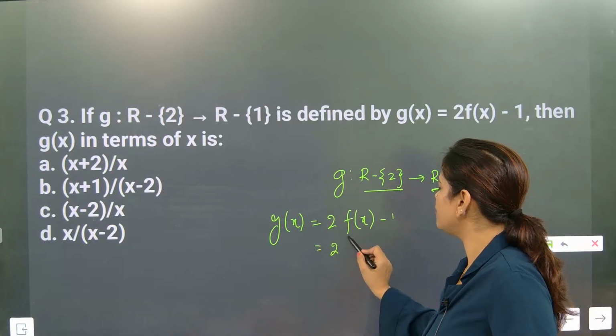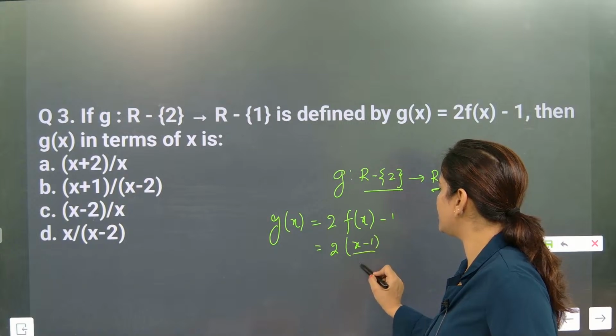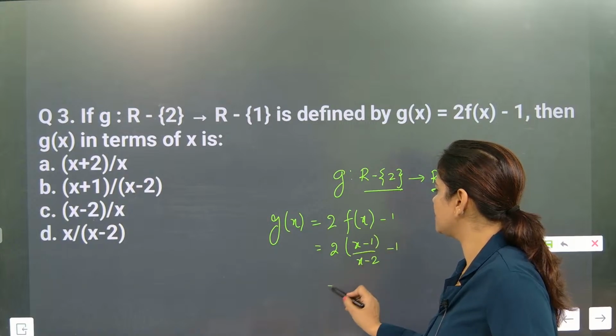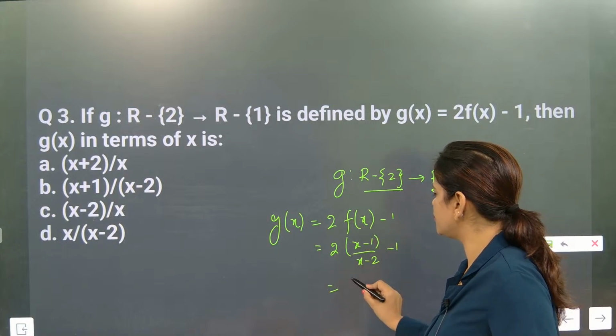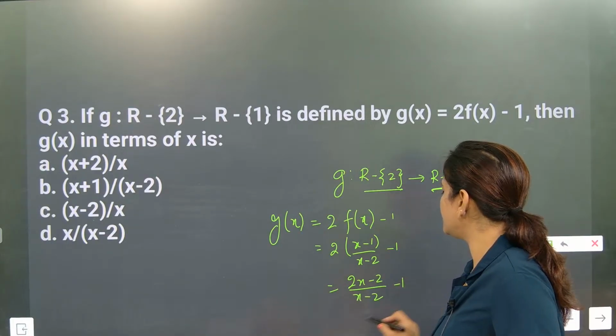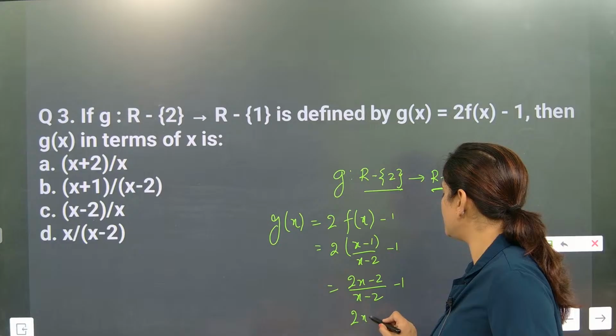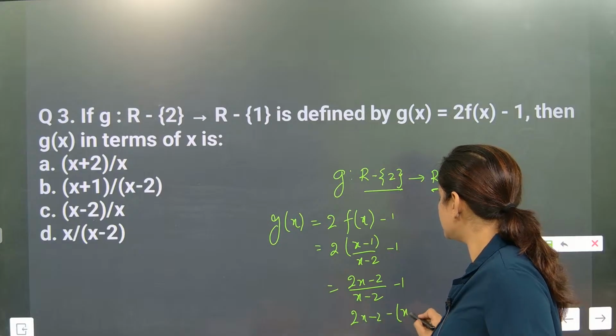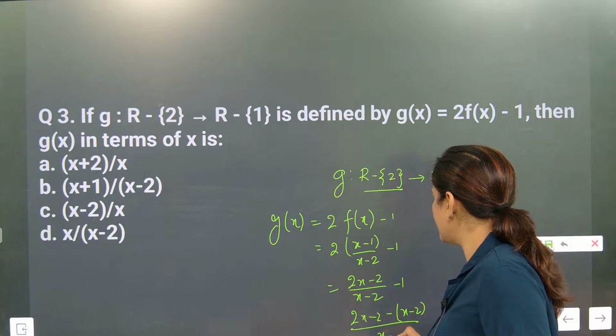And what was our f of x, beta? (x minus 1)/(x minus 2). So the f of x formula was there. So it will become (2x minus 2)/(x minus 2) minus 1. Take LCM, beta. It will become (2x minus 2 minus x minus 2)/(x minus 2).